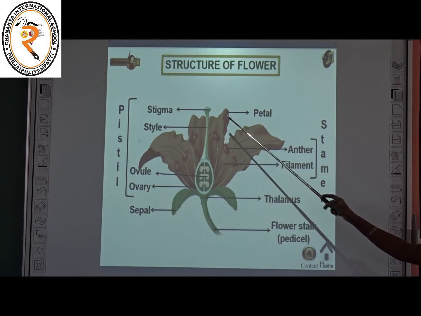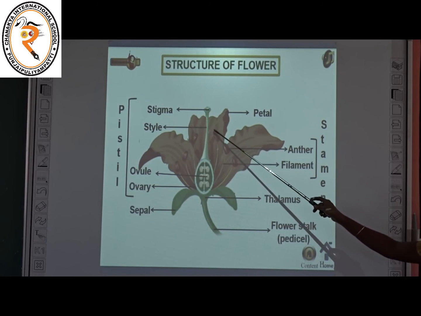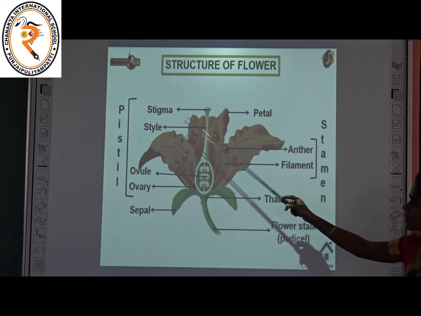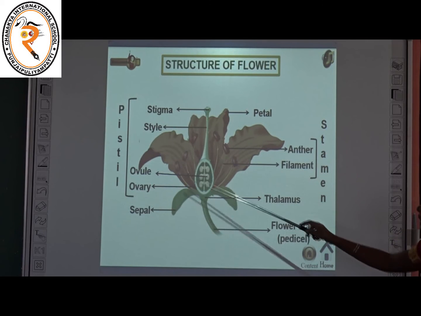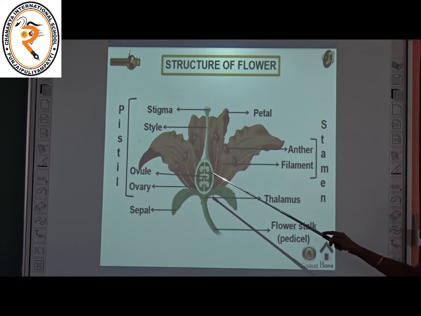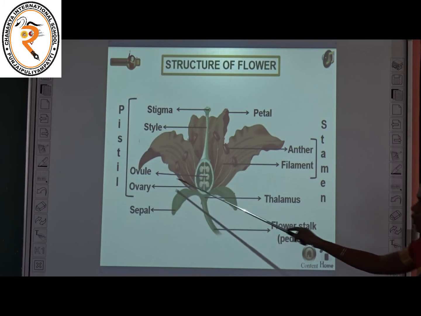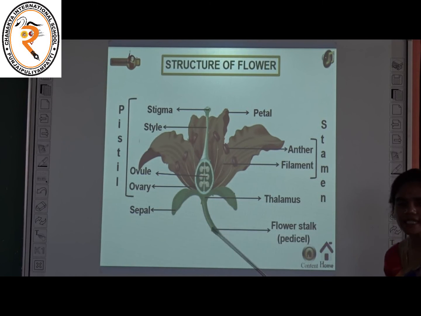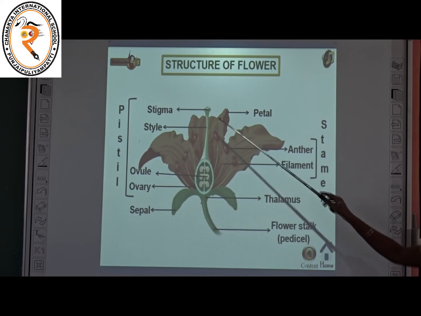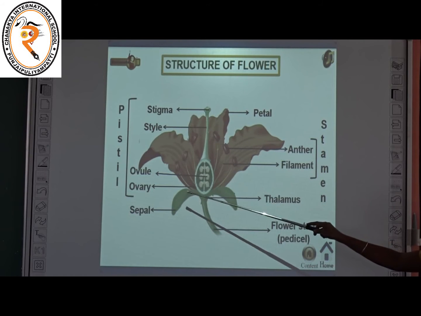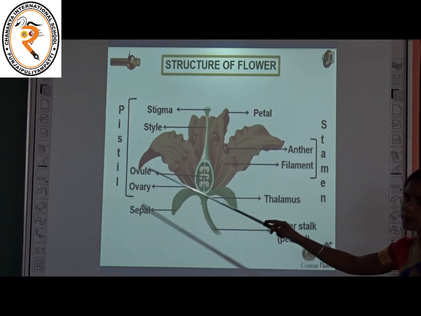And this is stigma. And here it is style. So ovary inside of flower, it consists of ovule and ovary. We can't see this ovule and ovary part. Why? Because it is present inside the flower. So the stigma, style, ovule and ovary together it is called pistil.